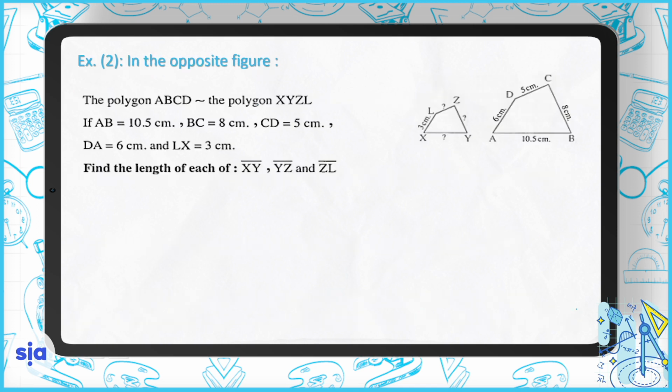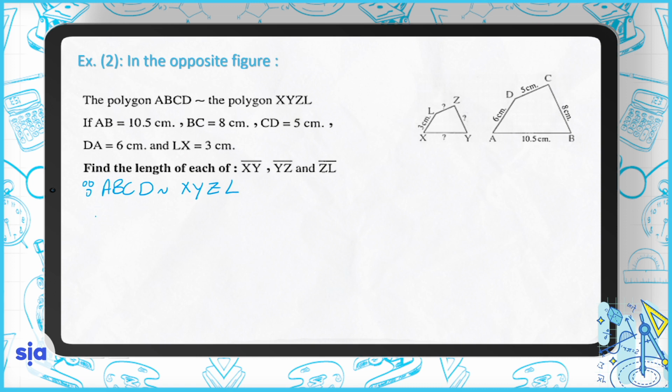Exercise number 2. In the opposite figure, the question wants me to find the lengths of XY, YZ, and ZL. As long as it's given that polygon ABCD is similar to polygon XYZL, again I told you before, take care of the order, right?